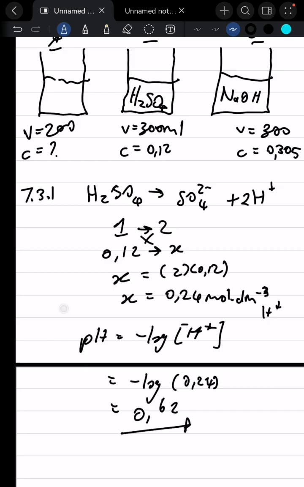That gives you a pH of 0.62. Which would make sense because you have a very, very low pH, and since H2SO4 is a strong acid, it's going to have a very low pH, which means it's very acidic. Okay, moving on to the following question.